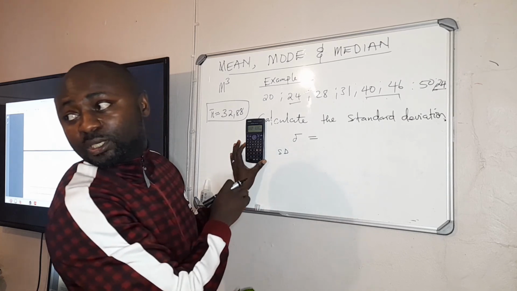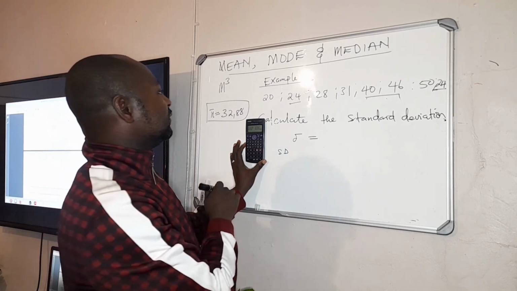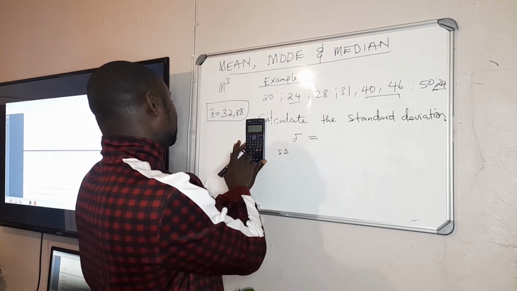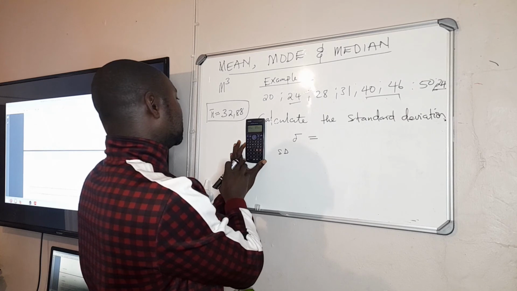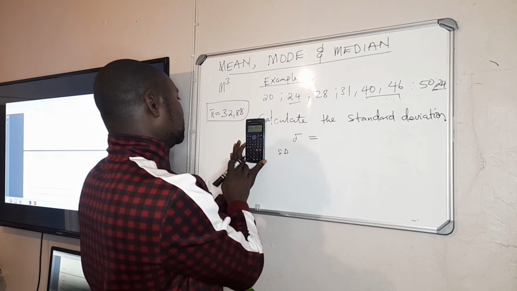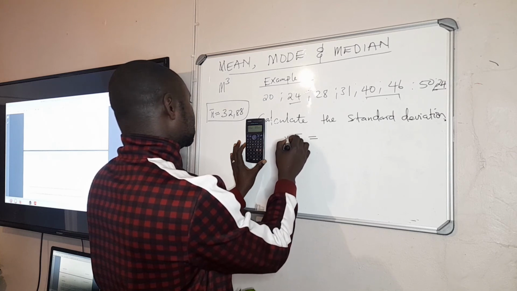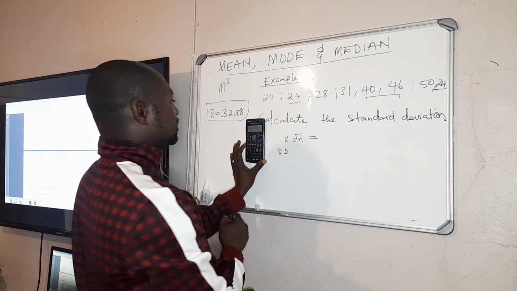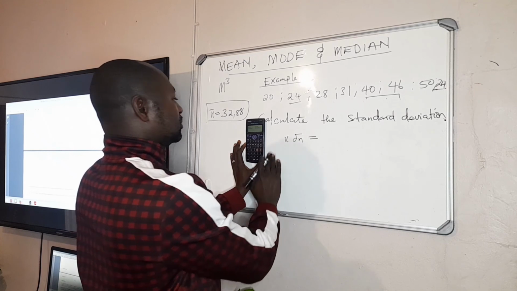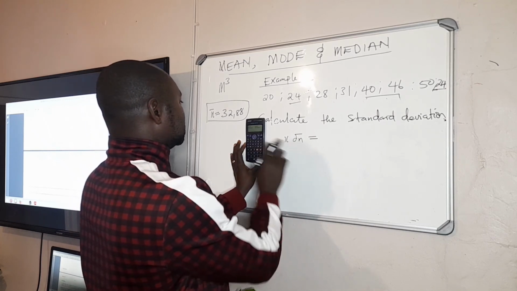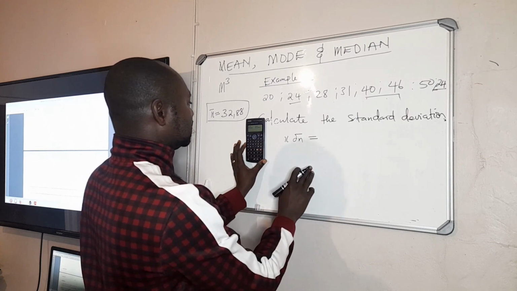When you press shift 1, we are dealing with variance. So we choose option number 5, the same way we did for the mean. In this calculator, our standard deviation has been written as this one, the x with the deviation symbol.